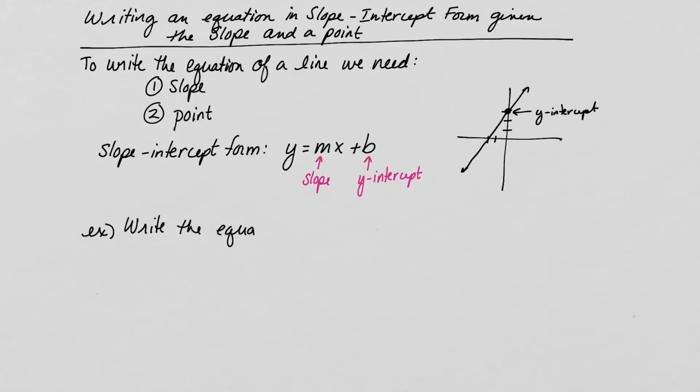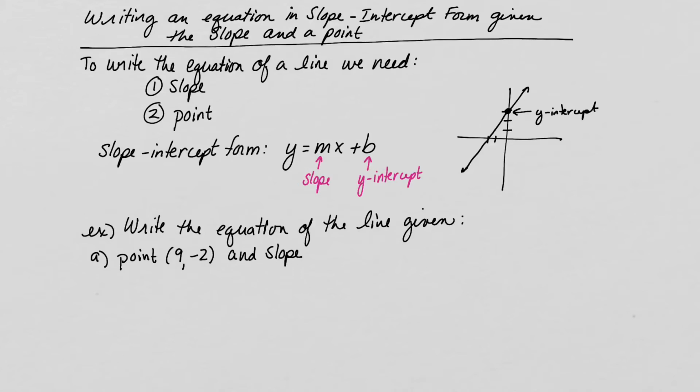Write the equation of the line given the point (9, -2) and slope -2/3.